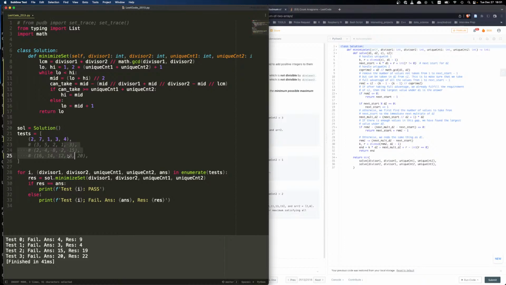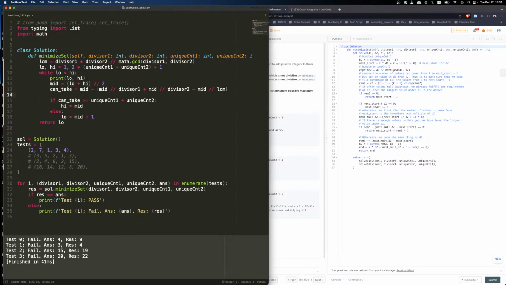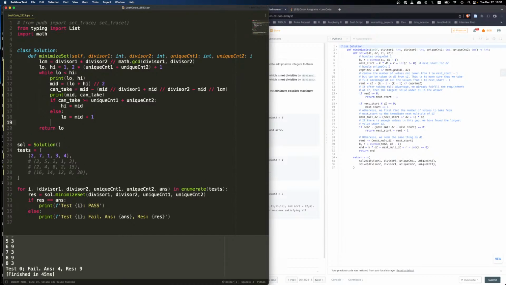I'm going to observe each step, and we probably want to print mid and can take as well.